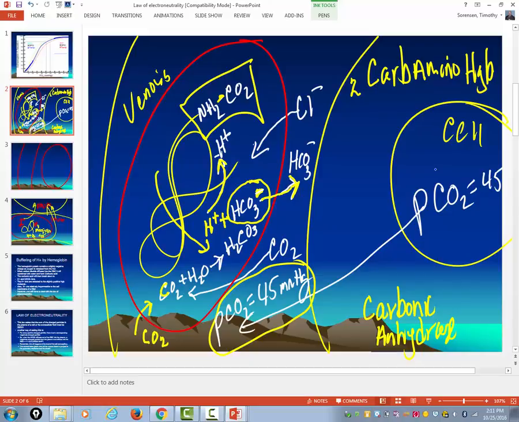To maintain the law of electroneutrality, if a negative particle leaves the red blood cell, then a negative charged particle from the plasma must go into the red blood cell. This is referred to as the chloride shift. So the vast majority of carbon dioxide is transported in the blood as bicarbonate.